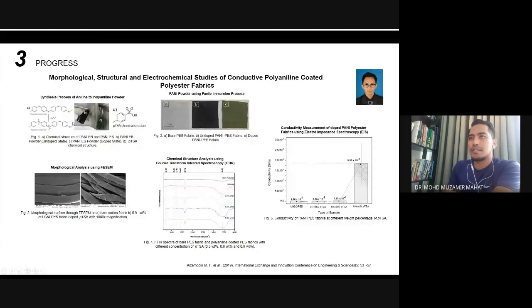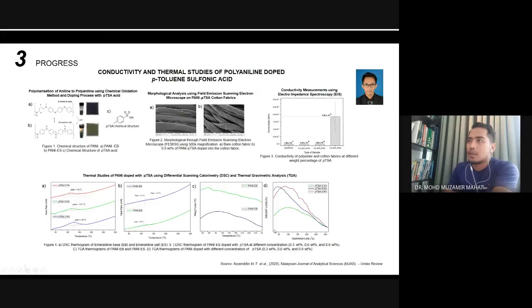Again, this is the synthesis process, and we see some morphological changes. Again, the same one, and this is another different type of acid, which is the PTSA acid. And we see some changes if we increase the dopant percentage. And this is another piece of work.